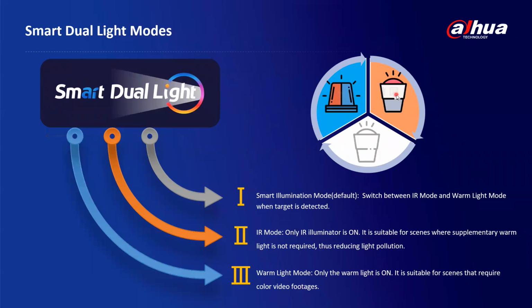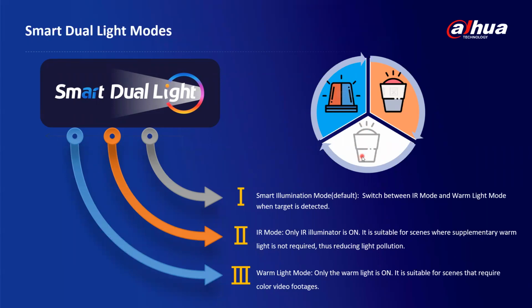With the white light mode, only warm light is on, and it's suitable for scenes that require color video images. Let's say during the night, this is still going to be on, assuming that we've left this as the default mode. If there are no activities, the camera switches to the IR mode.